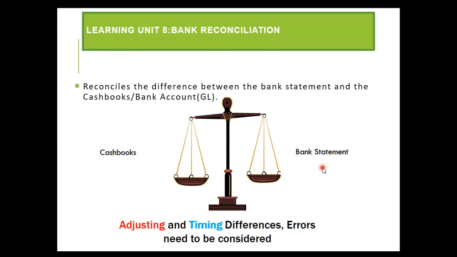Check who made the error between our business and the bank. If the bank made an error, it means that error is reflected on the bank statement and must be recorded in the bank reconciliation statement. But if our accountant made a mistake in our cash book, that error must be recorded in those cash books. But we'll look at it when I show you a practical example. I hope it makes sense at the moment.